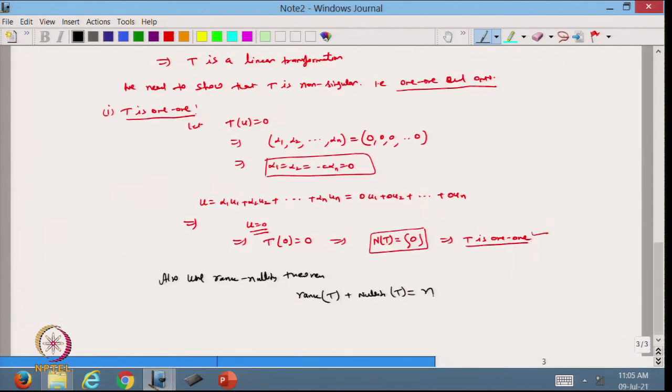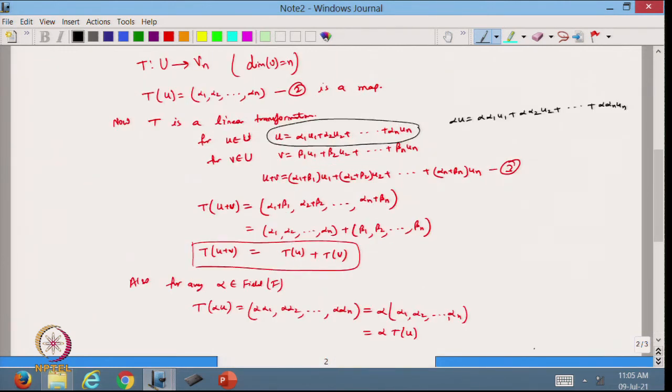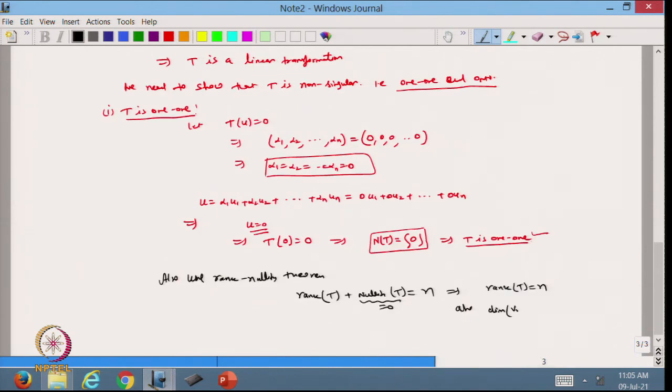So, this is equal to n, but the nullity is 0, and from here I can say that the rank of T is n, and also the dimension of V n is n.